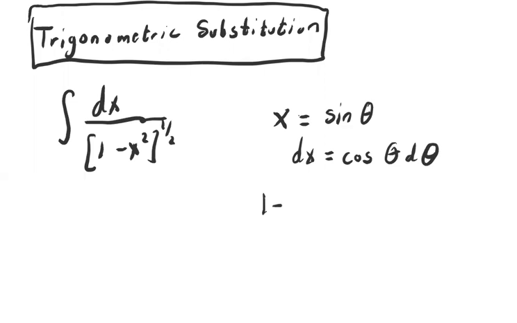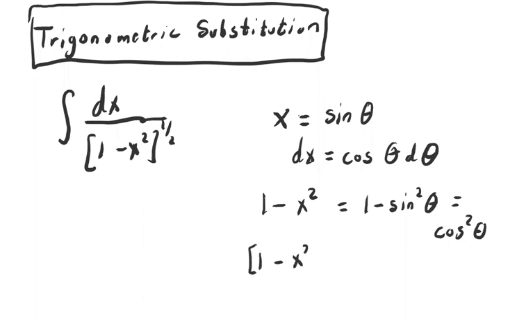That means that 1 minus x squared is simply 1 minus the sine of theta squared, and that's simply just the cosine squared of theta. So 1 minus x squared to the 1/2 power is just going to be the cosine of theta.